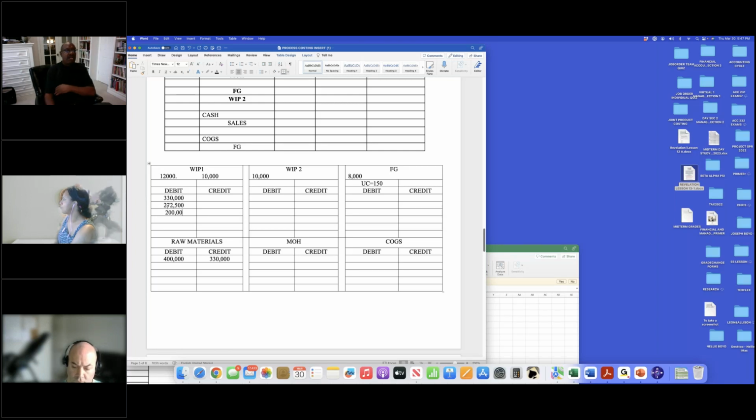So we add all these costs up together. How much is our total at this point? We add these up.